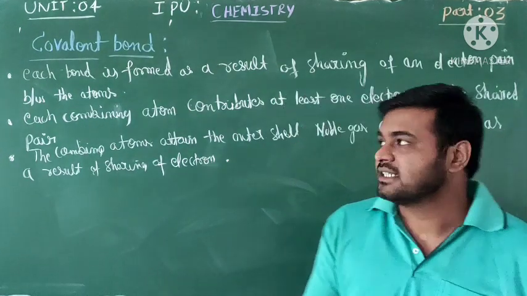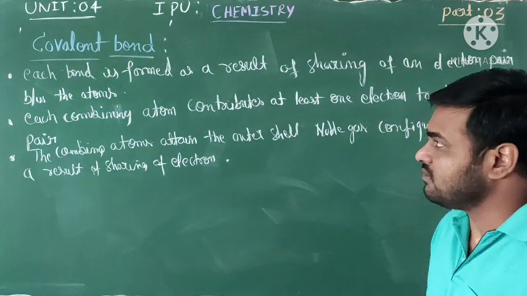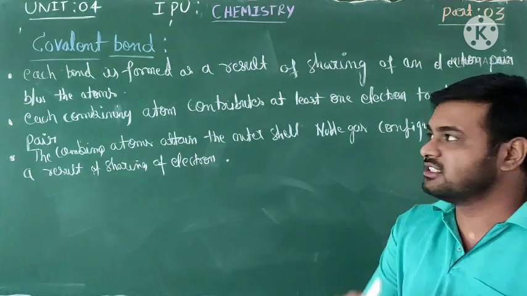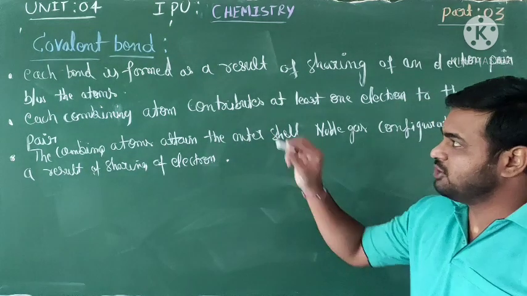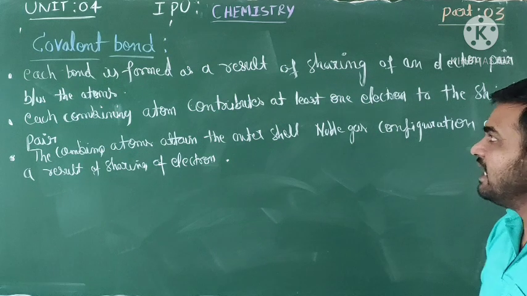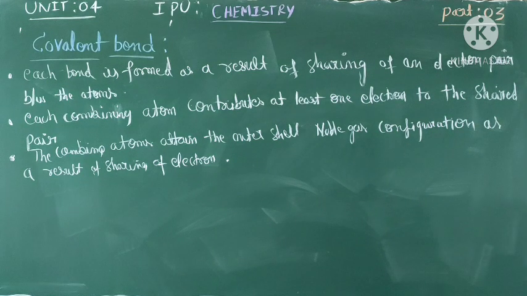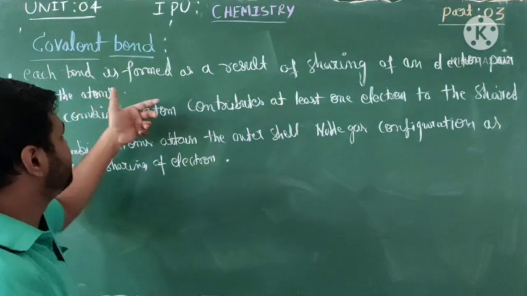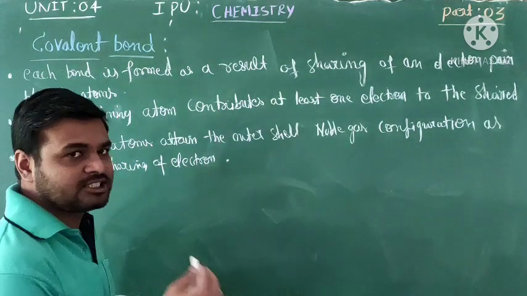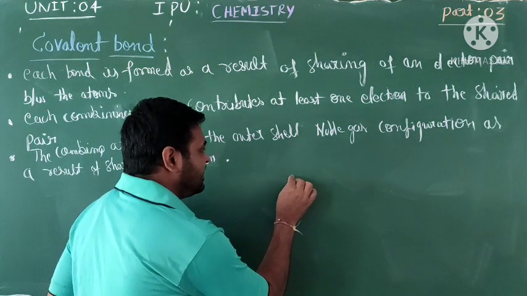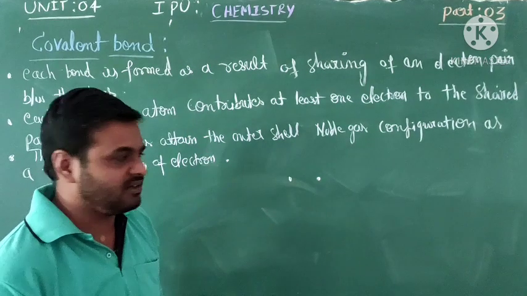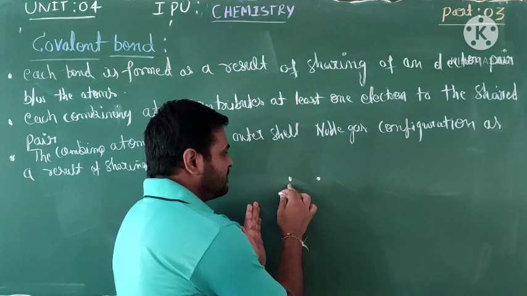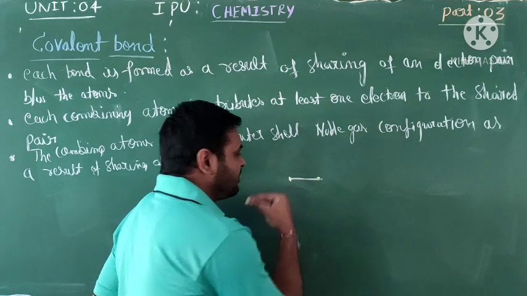Okay students, next are some of the rules in the forming of a covalent bond. Each bond is formed as a result of sharing of an electron pair between the atoms. Each bond formed means sharing of two electrons. Sharing of two electrons forms one bond, a single covalent bond.